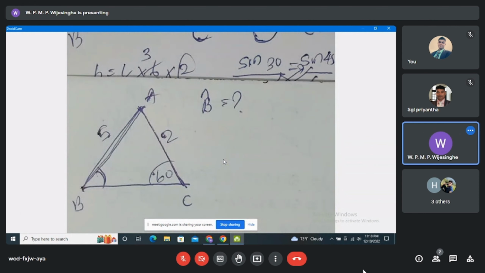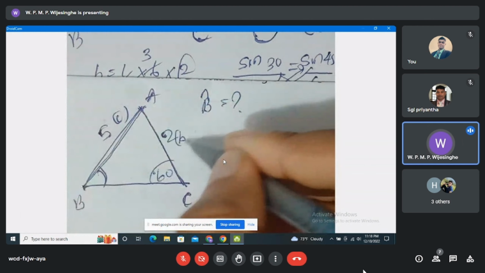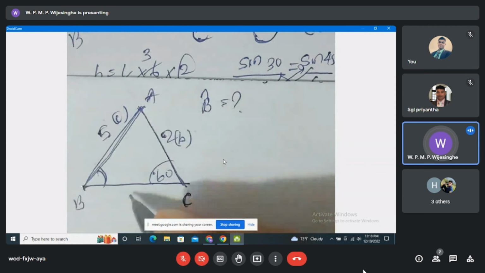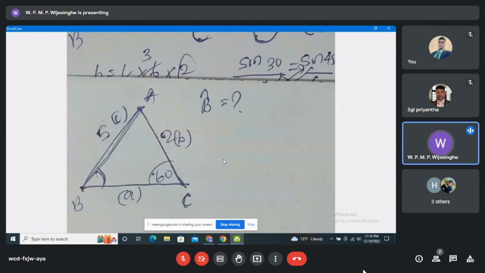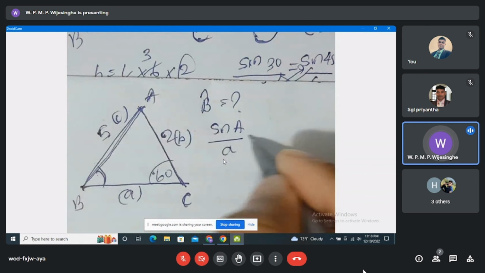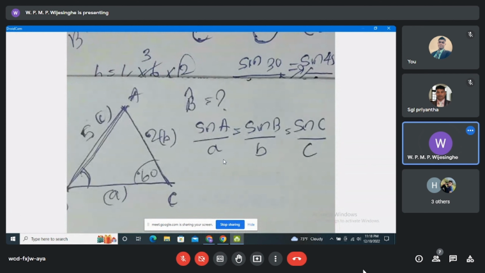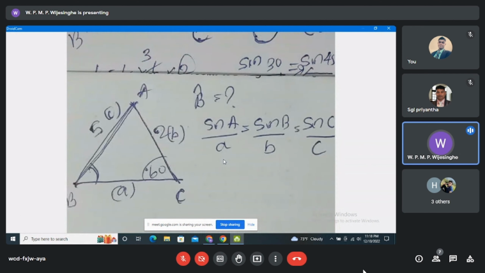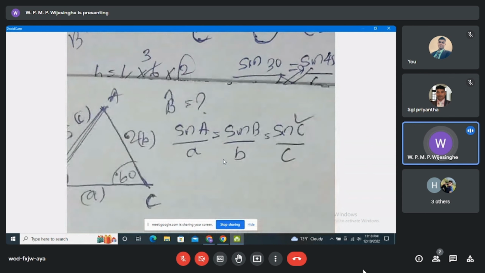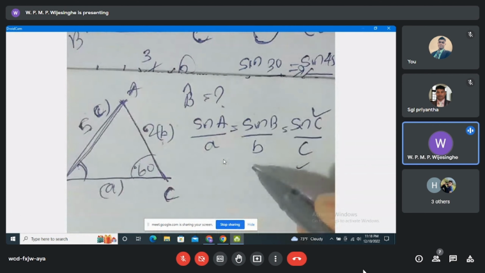When it is C, this is C. When it is B, this is B. When it is A, this is A. Then sine A divided by a equals sine B divided by b equals sine C divided by c. You know the angle C, the length c is known, and b is known.